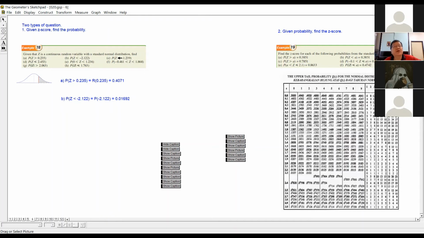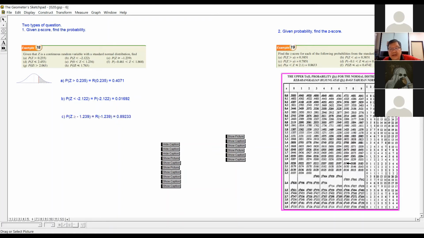So you don't worry. So which one do you use, P, Q, or R? Question C, this one uses greater than. R. R, correct. You use R and you type the negative number there.